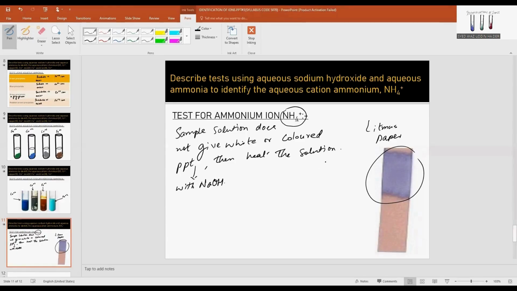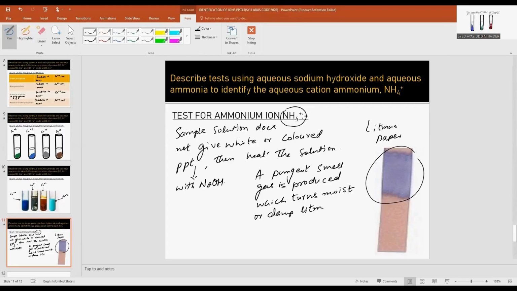Heat the solution. Then a pungent smelling gas is produced, which turns moist or damp red litmus paper blue.